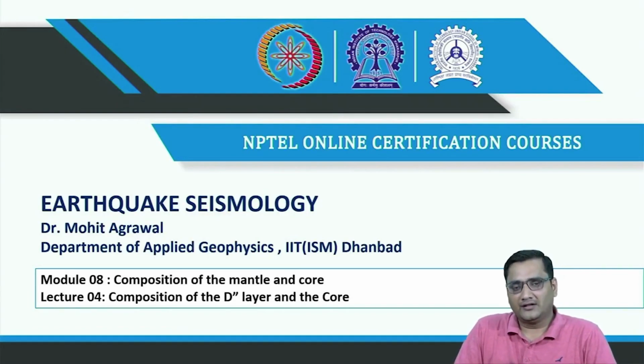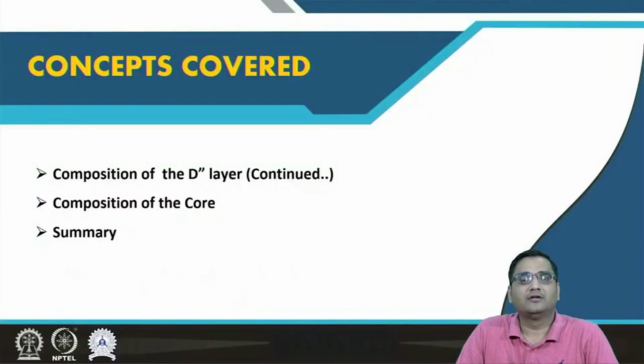In the earthquake seismology course, the topic for today is the composition of the D double prime layer. Before that, we will have an overview of what we have learnt about the composition of the mantle, which was the topic of the previous lecture.